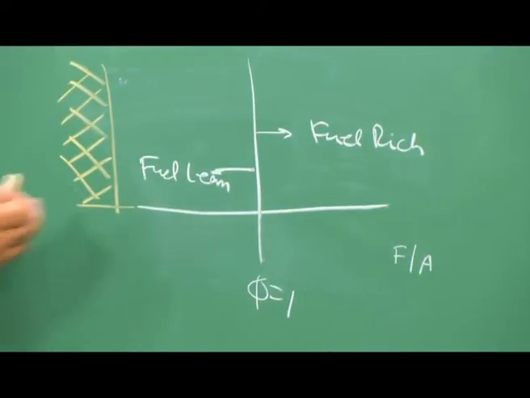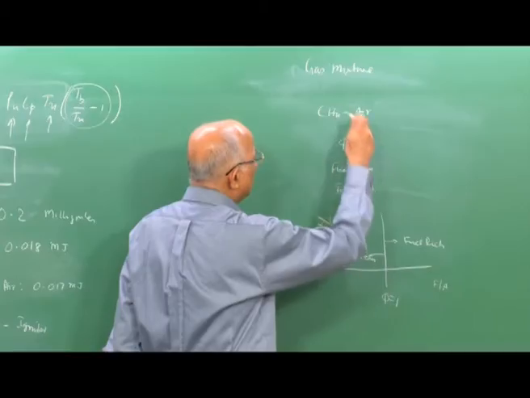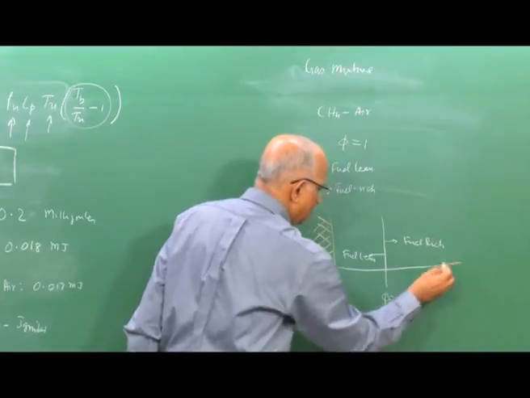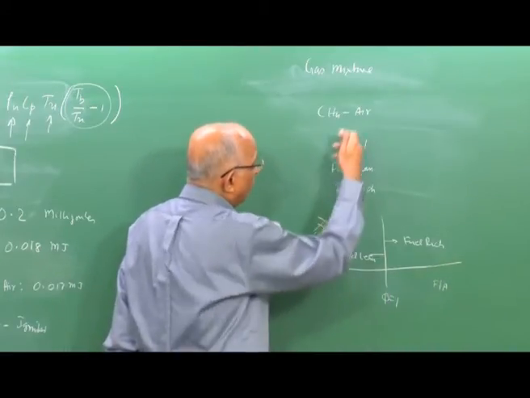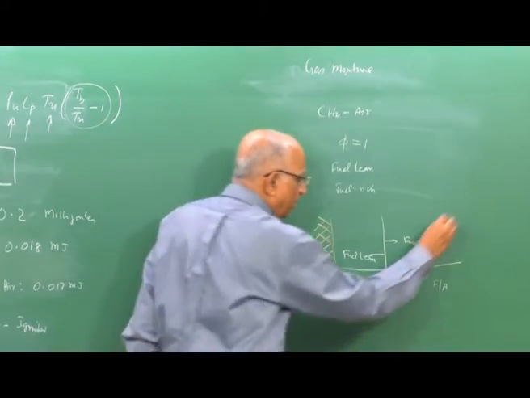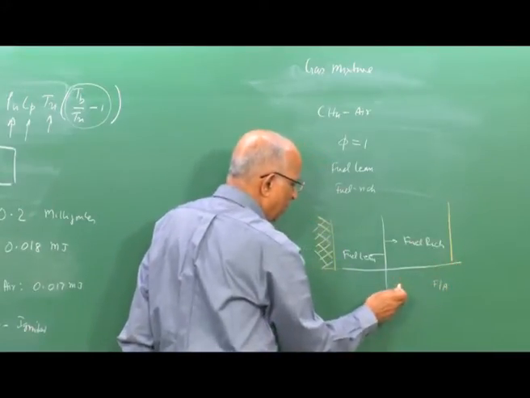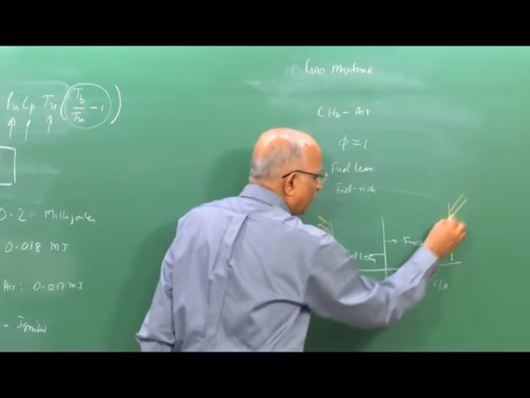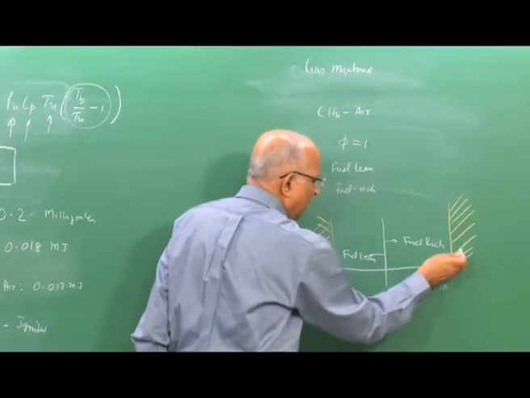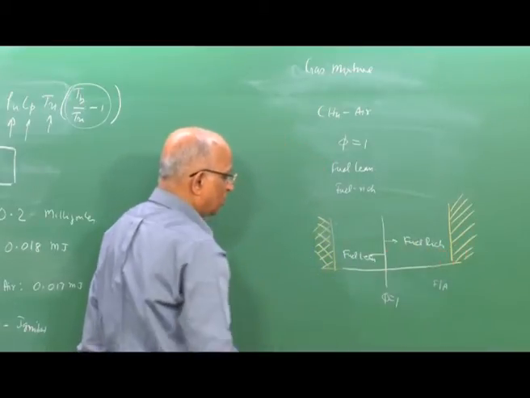So also when the fuel becomes extremely rich, that means I have almost all fuel and almost no air, the value of phi is so large that it just cannot ignite, the amount of reaction is so small that the temperature rise is small.